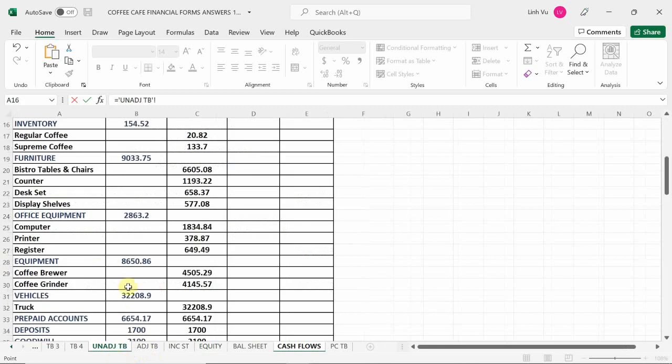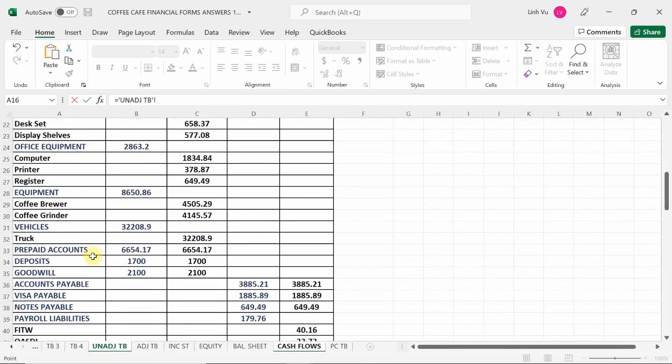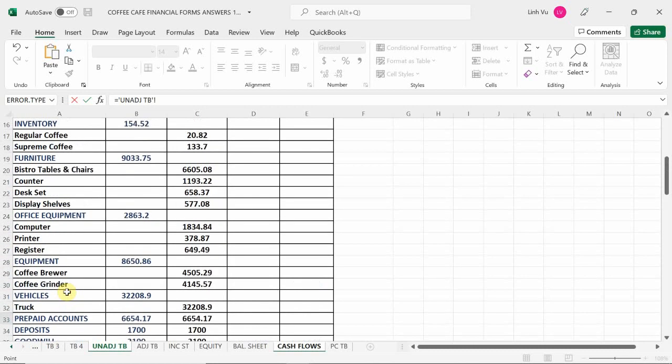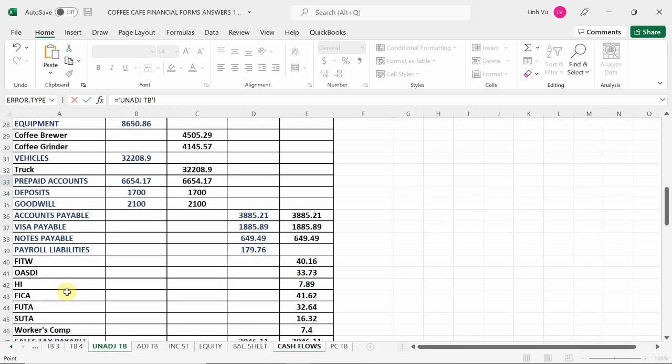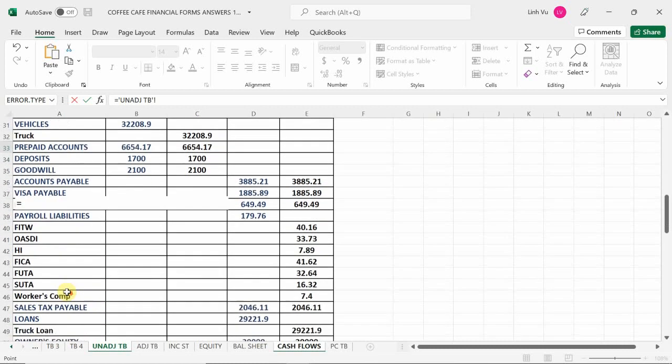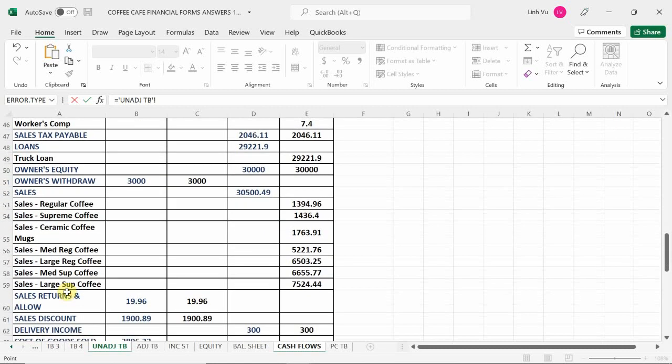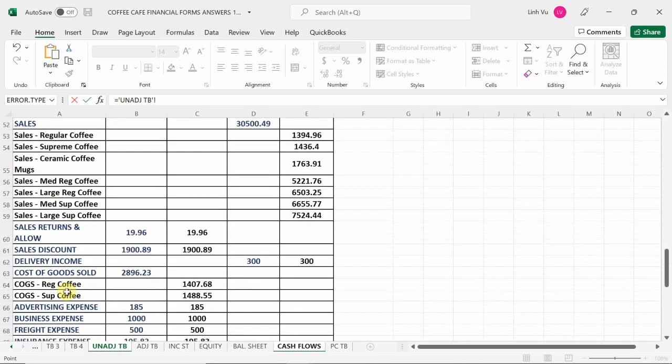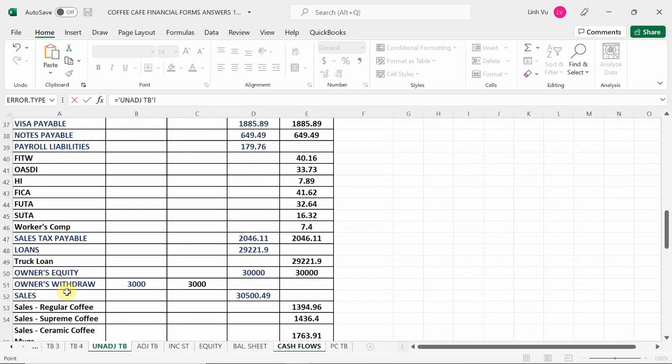I'm just going to go ahead and go to the unadjusted because I've mentioned that we have to use the unadjusted. So in this case, we had owner's equity. That we consider to be your original investment into the company.